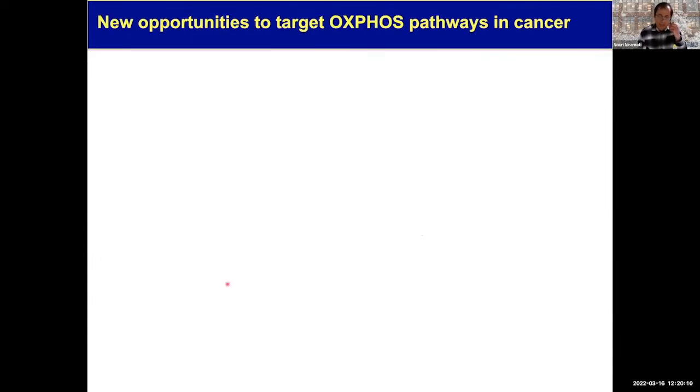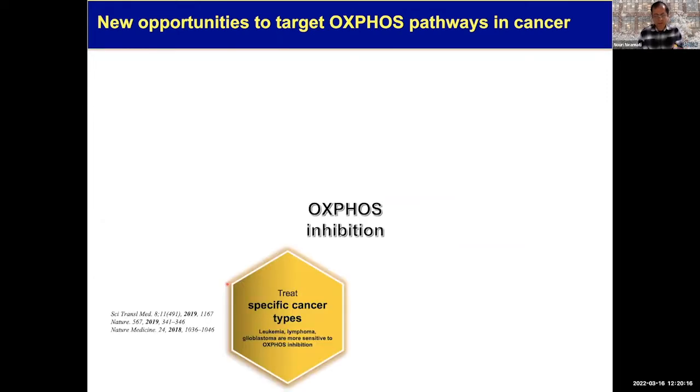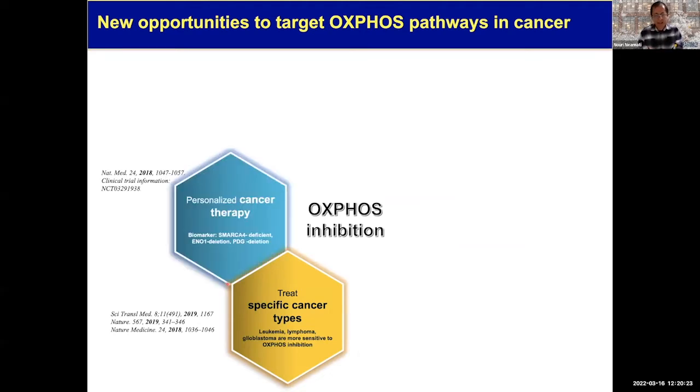And so how and where do you use oxidative phosphorylation inhibition? So we know for a fact that select cancers, they are quite sensitive to OXPHOS inhibitors. And we have a collection of biomarkers that we can select patients to give them OXPHOS inhibitors.